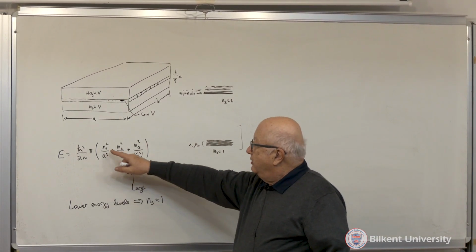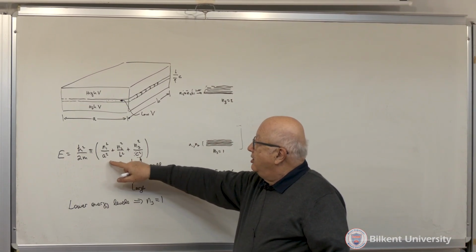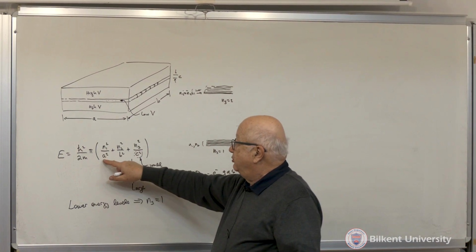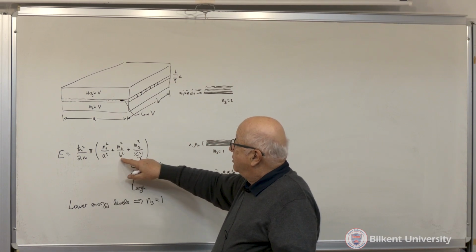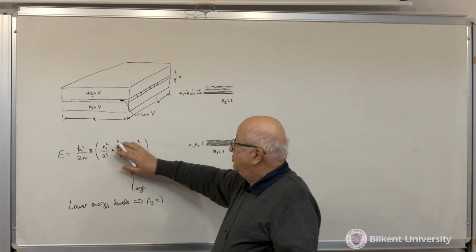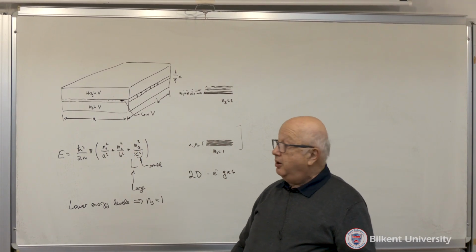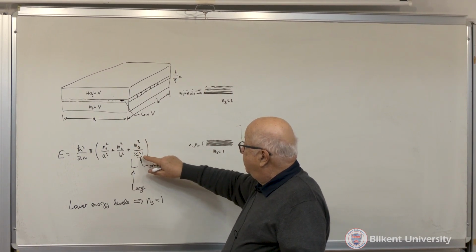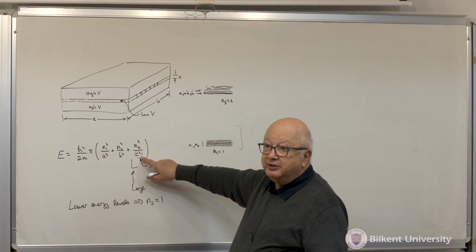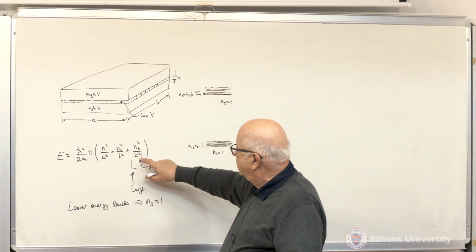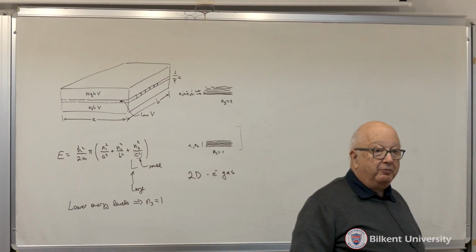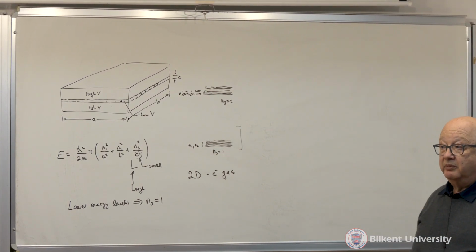If you put millimeters here, you are going to get something of the order of 10 to the minus 3. So this factor here is going to be about 10 to the 6 or something. But this number here, if you put a nanometer here, a nanometer is 10 to the minus 9, so it's going to give you 10 to the 18 type of numbers there, extremely large numbers.